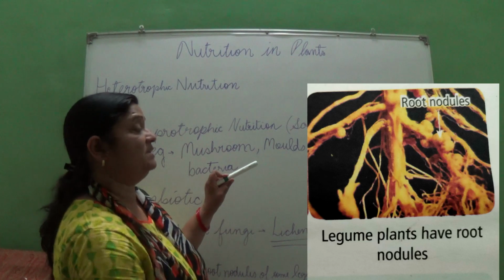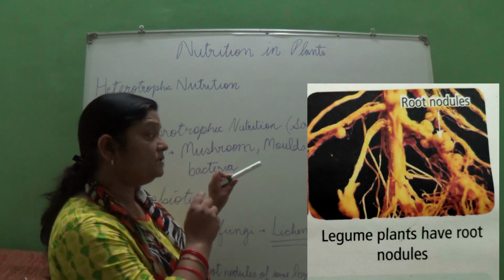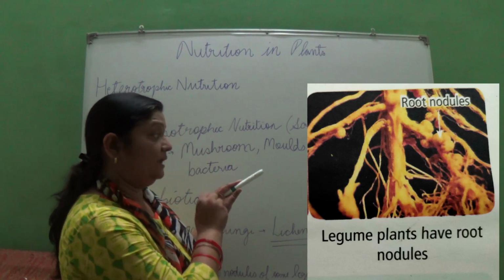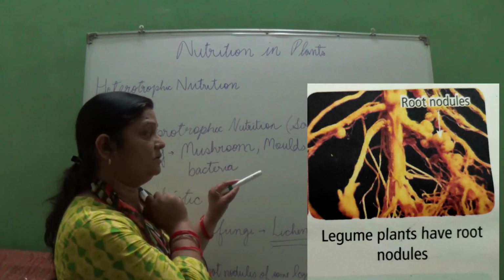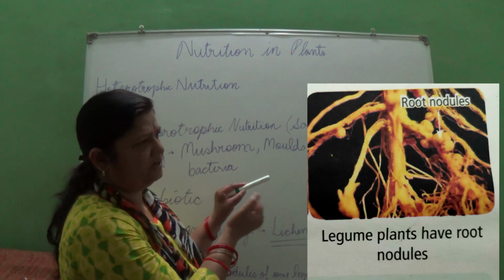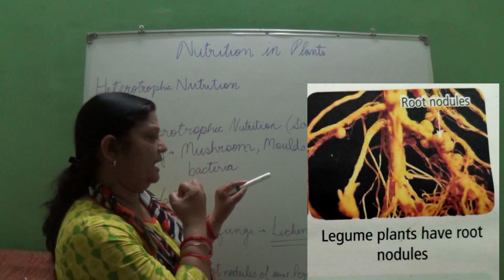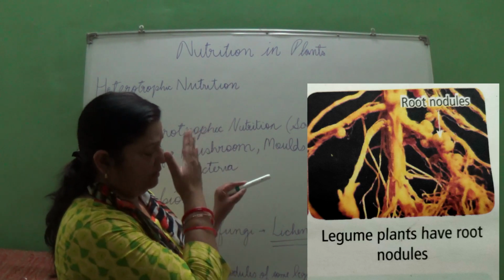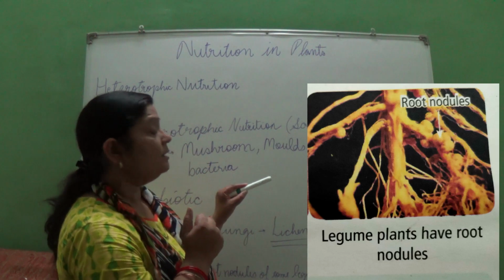These bacteria are present in these root nodules. What do these bacteria do actually? They convert the atmospheric nitrogen into a usable form for that plant, so that plants which are very deficient in nitrogen can take the nitrogen very easily from that nitrogen being provided by the bacteria.